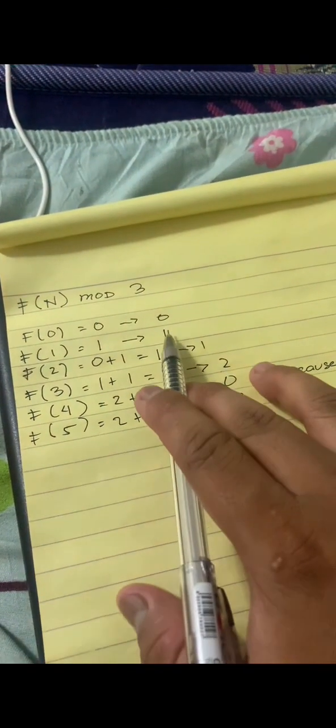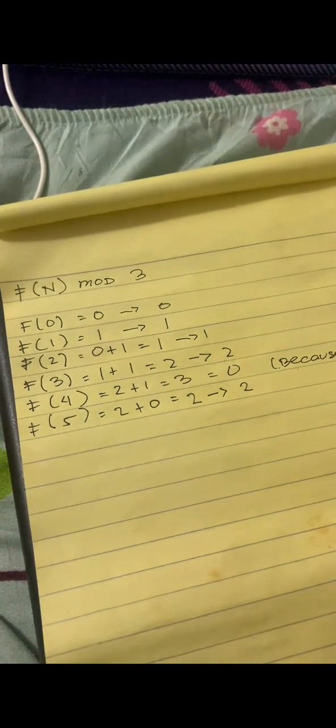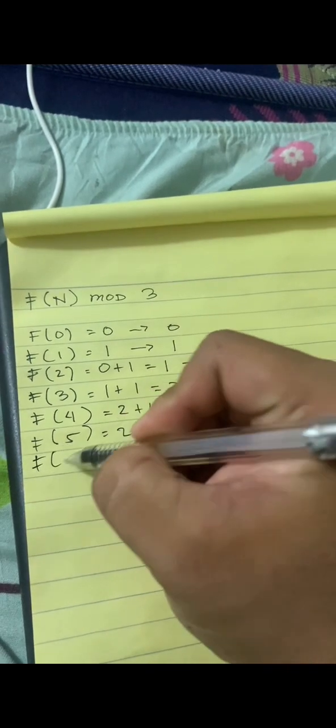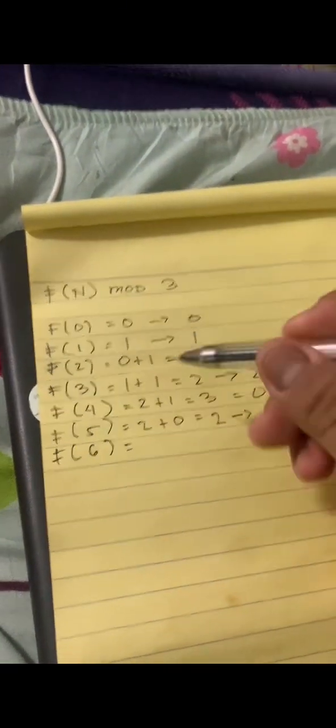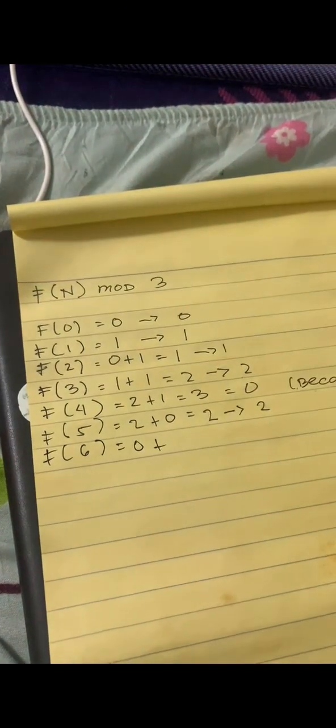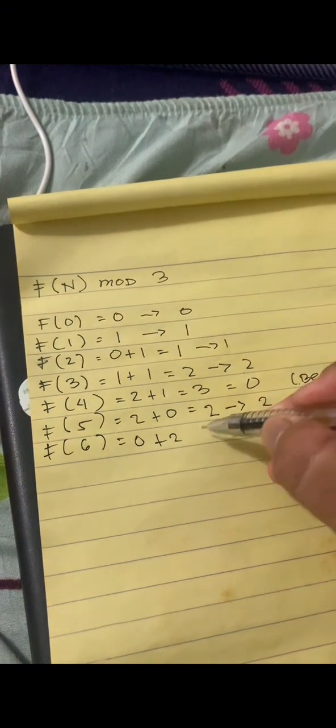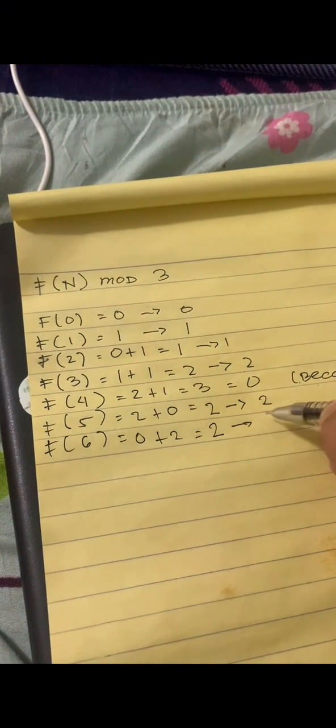So as you notice, 0, 1, 1, 2, 0, and then 2. Then if we continue, F sub 6 is the last two digits, which is 0 plus 2, equal to 2, and for our sequence, this is 2.